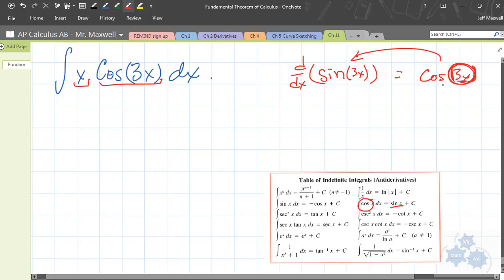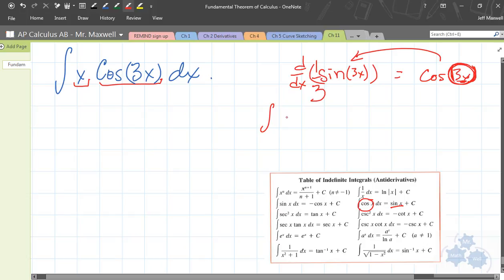But what's going to happen is when you take the derivative of something, you would apply the chain rule. So you actually would multiply this whole thing by 3 at the end, right? So I don't want 3 cos x. Instead, I want just plain old 1 cos x. So that's when you go 1/3 here to counteract what would be the chain rule when you take the derivative.